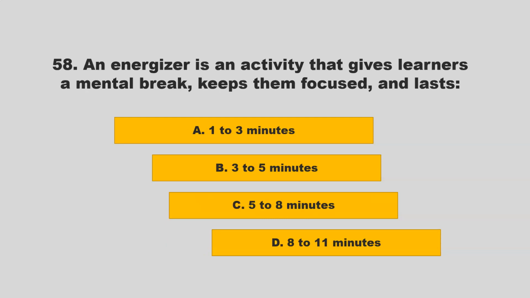An energizer is an activity that gives learners a mental break, keeps them focused, and lasts 1 to 3 minutes, 3 to 5 minutes, 5 to 8 minutes, 8 to 11 minutes. If you chose A, 1 to 3 minutes, you are correct.